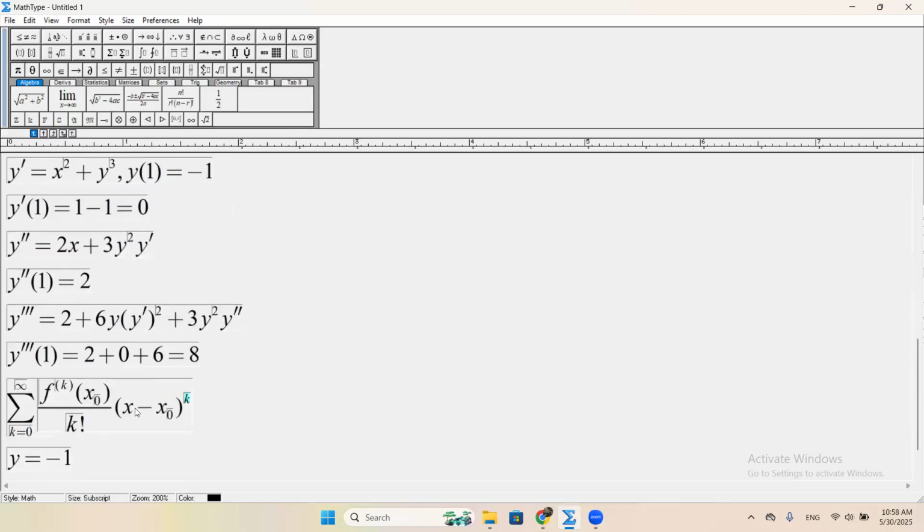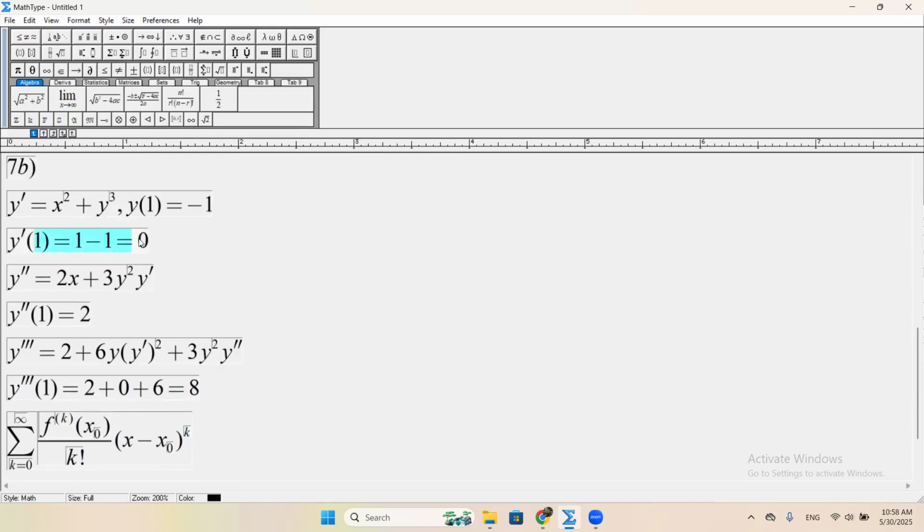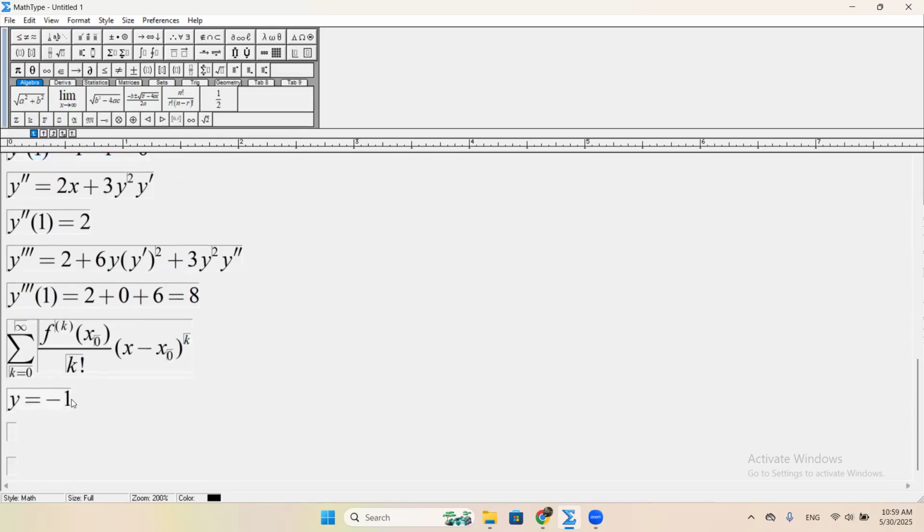So here will be the 0 point, so just -1, and then it will be 0, and after that plus 2 over 2 factorial times x plus 1 square. And what about the third derivative, 8 over 3 factorial by x plus 1 cube, and so on.